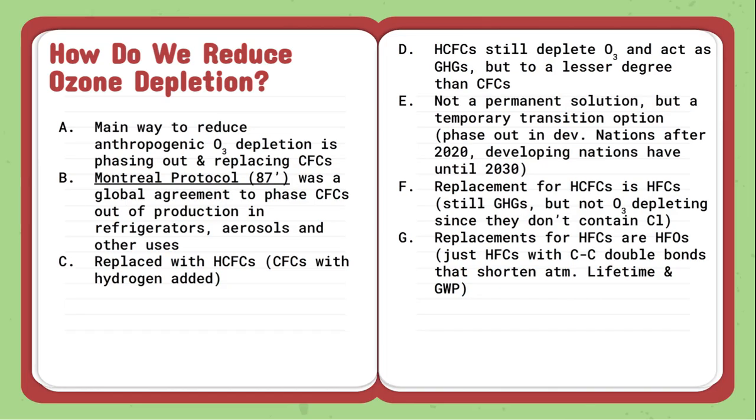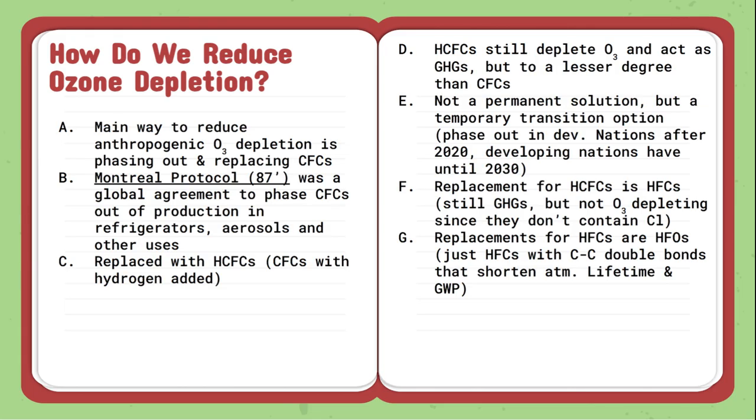It was more of a temporary one. The phase out in developed nations happened after about 2020. Developing nations have until about 2030 to phase these substances out. An additional replacement for HCFCs was HFCs. Once again, still a very strong greenhouse gas, but not ozone depleting since it does not contain any chlorine.